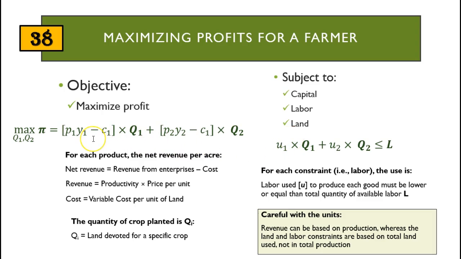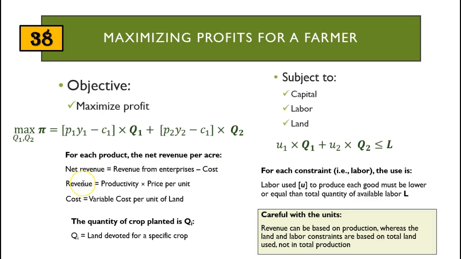In the objective, the decision variable is the amount of acres that we will plant from each crop. This choice depends on the net revenue received from each crop. Notice that the net revenue depends on the revenue from the enterprise minus the cost.